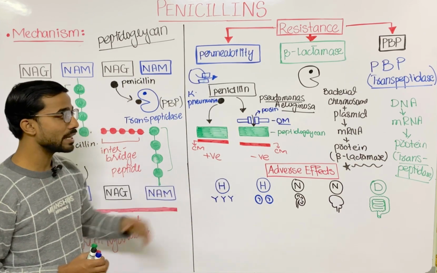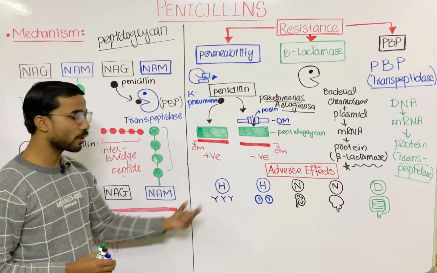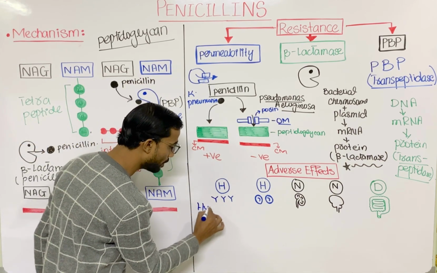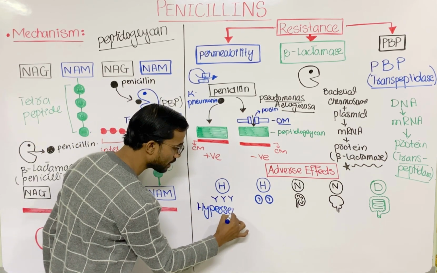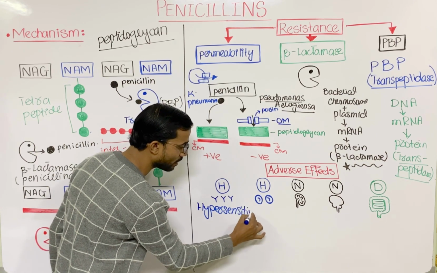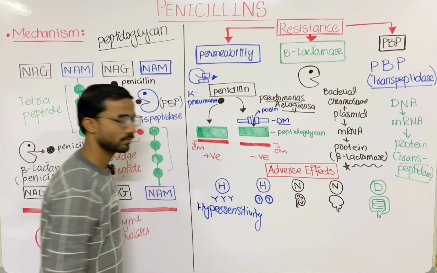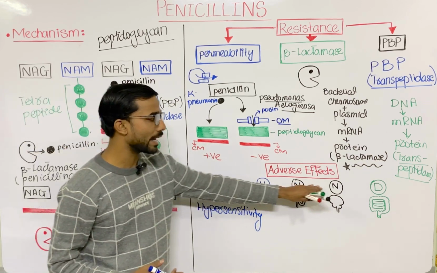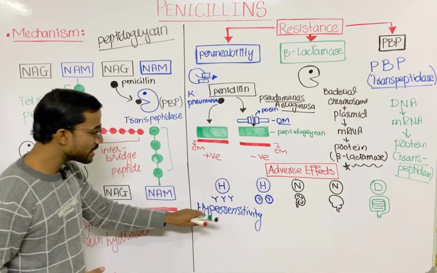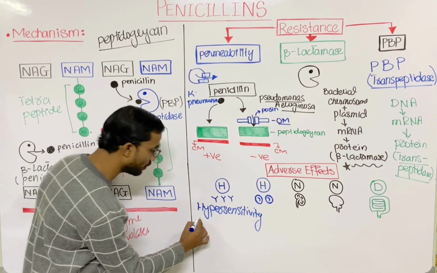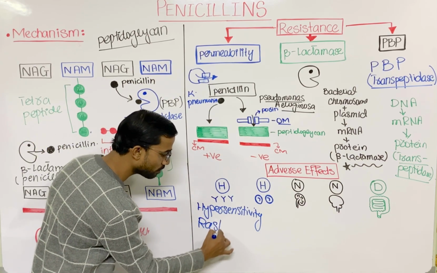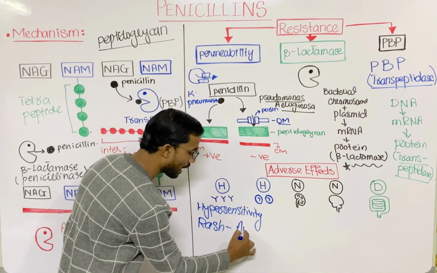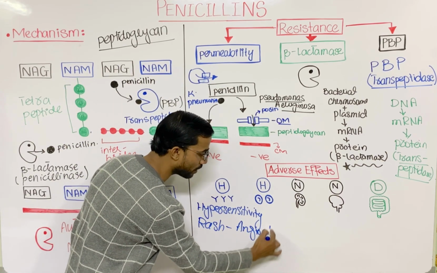And last you will see the different adverse effects. The most important adverse effect is the hypersensitivity reactions. You can remember it by the adverse effects H, N, and D. First is the hypersensitivity reaction, in which you will see a rash, an urticarial rash, and angioedema.